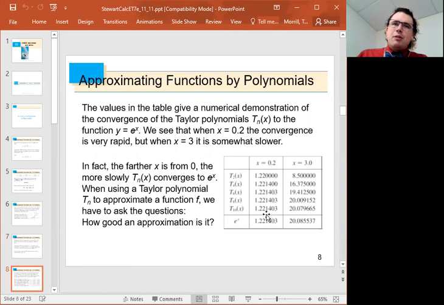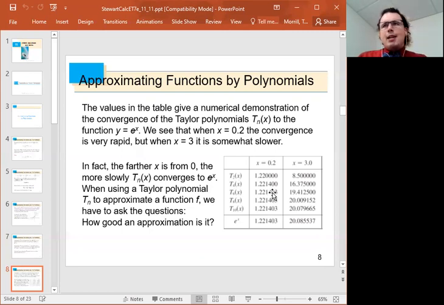For x equals 0.2, all of these output values are very close together. They agree for a lot of decimal places, right? As soon as I get to T4 here, I've got my first 4 decimal places locked in, and then it's only a question of what comes afterwards.